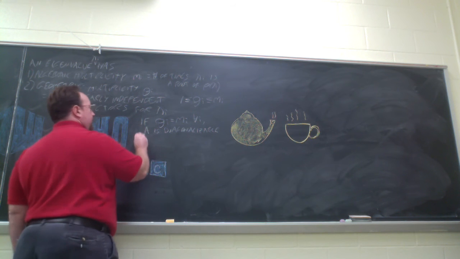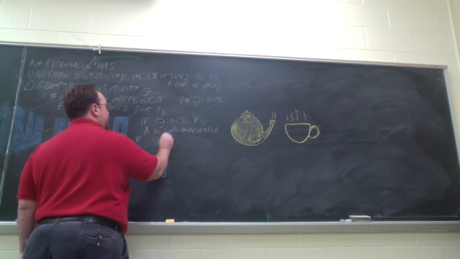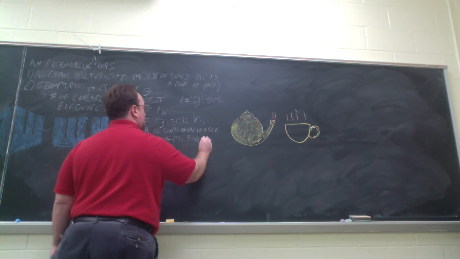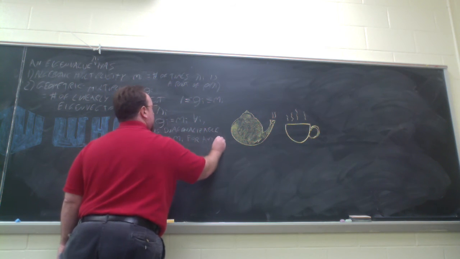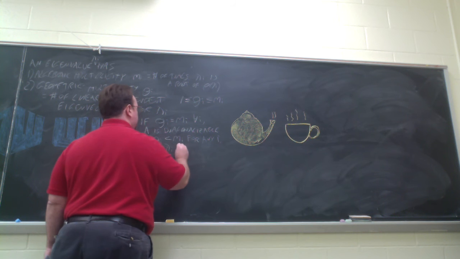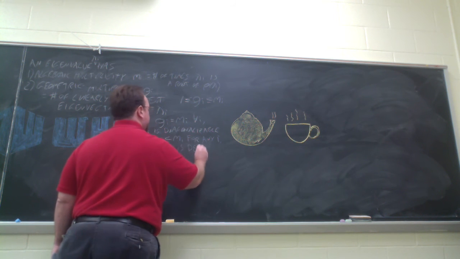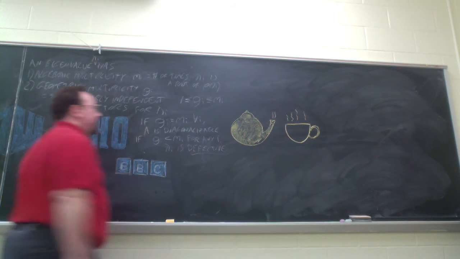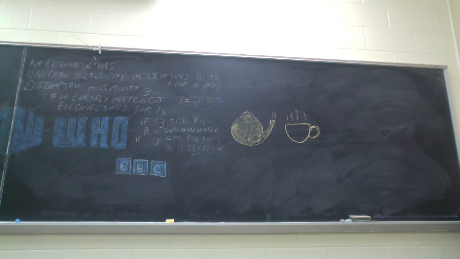On the other hand, if the geometric multiplicity is strictly less than the algebraic, then that eigenvalue is called defective. So these are the repeat eigenvalues that are a real pain to work with.